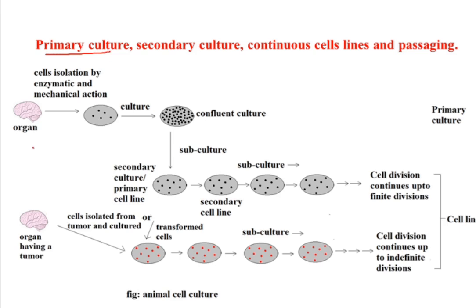So primary culture, here in this slide we'll be seeing this is an organ. Then from this organ, the first thing, like we have already discussed, the cells are isolated. Now cells are isolated by various ways, like enzymatic isolation, because we know two cells are associated with each other through a linking of a protein.